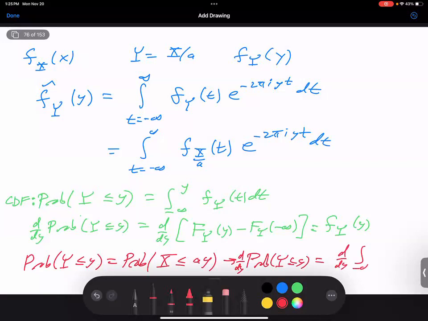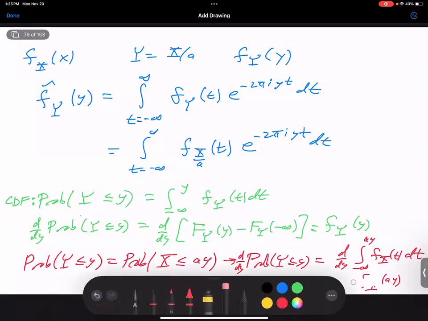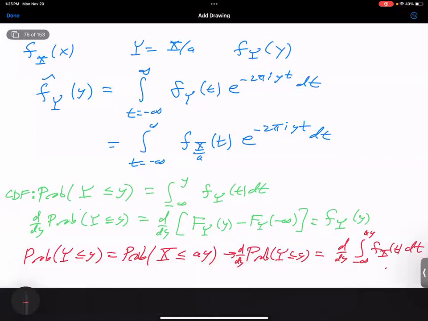I would integrate from minus infinity to ay of f_X(t) dt. So this would just be f_X at ay. Correct? Minus 8. So this is not correct. You've got to be careful, guys.